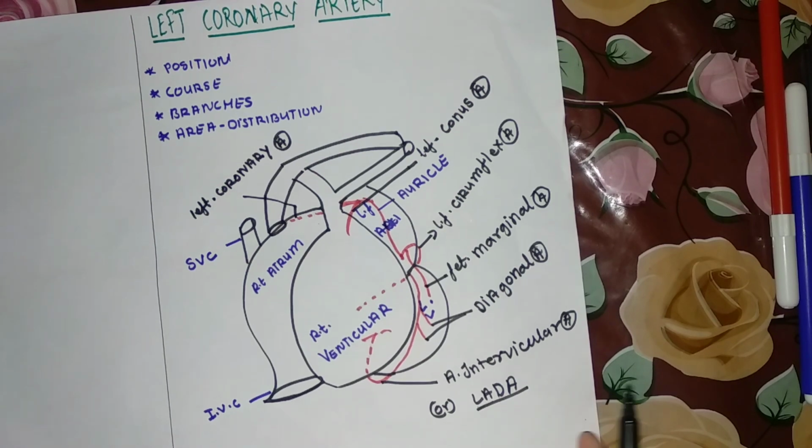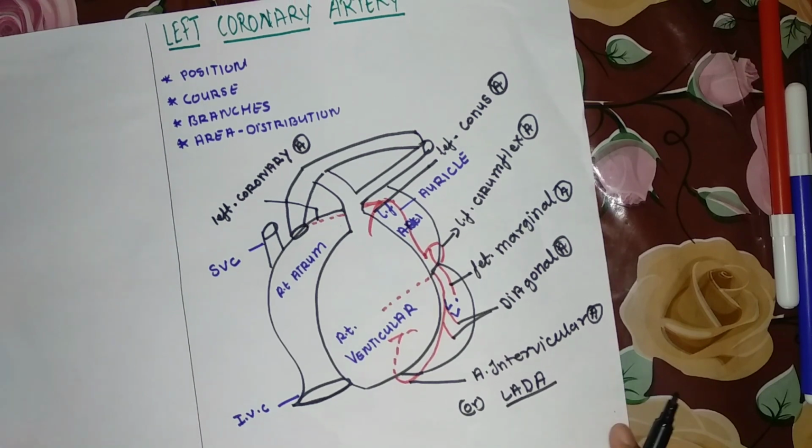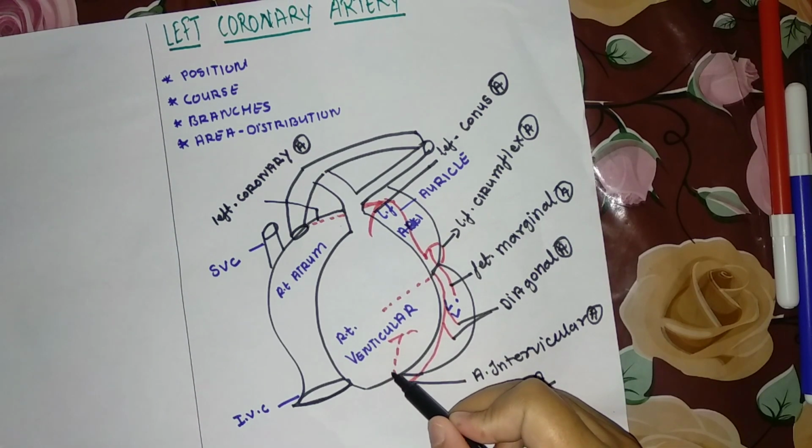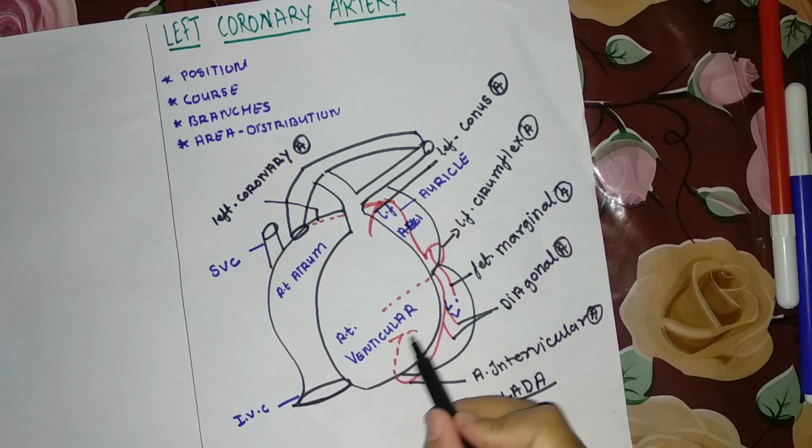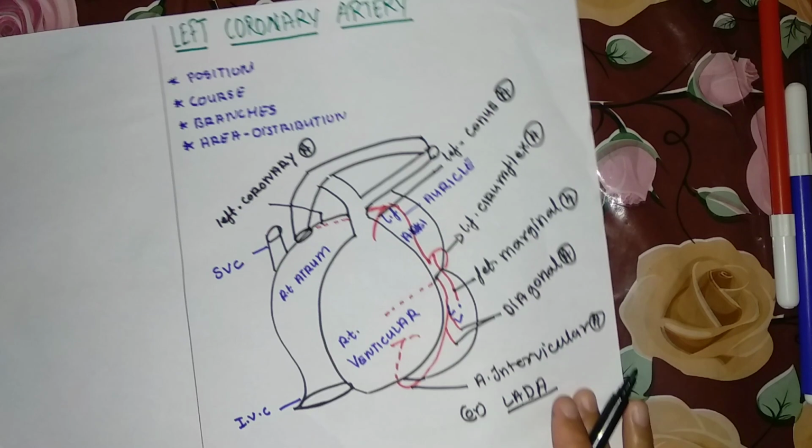Then it goes backwards to the posterior side. This is the terminal branch of the left coronary artery.